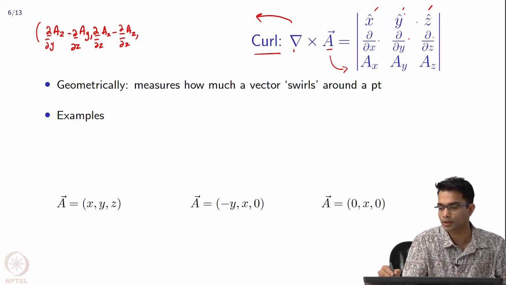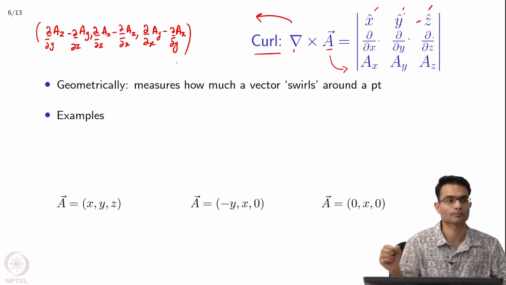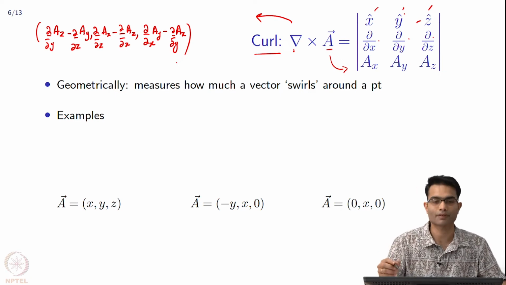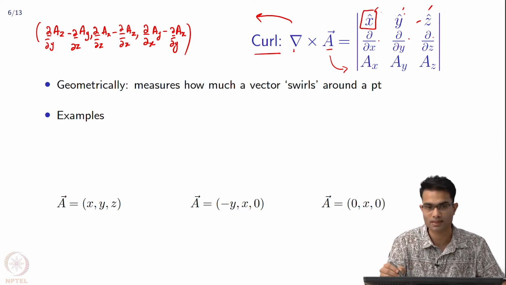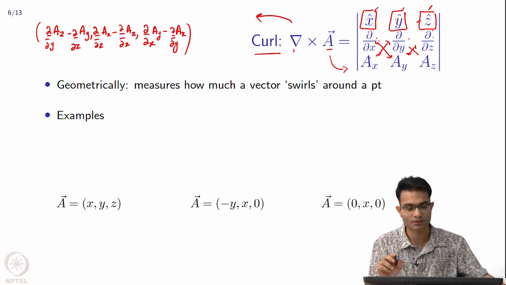The third quantity, along z hat, is del by del x of A_y minus del by del y of A_x. So, there is a cyclic way of doing it. Those of you who are rusty on this can do a few practice examples yourself; it is not very hard.